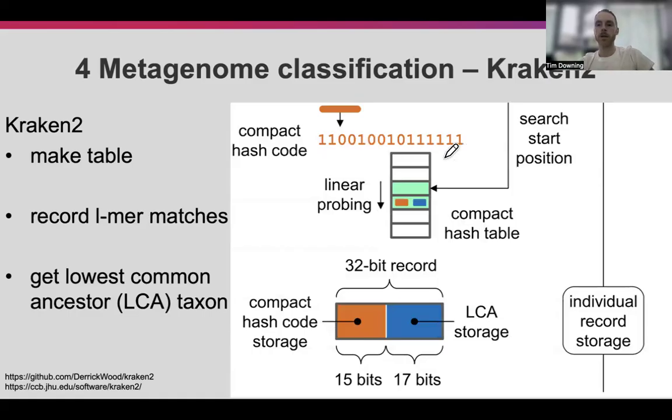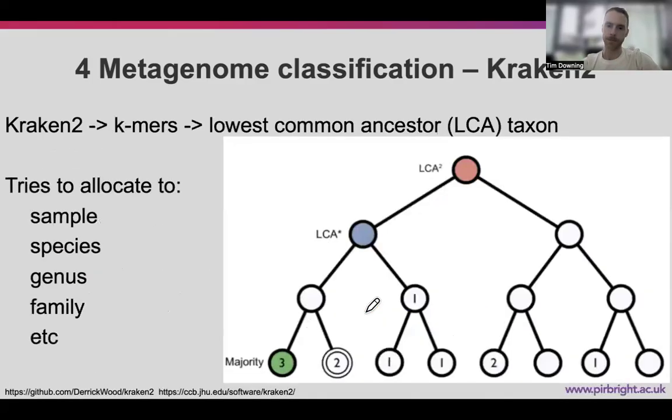So we'll record the matches in a compact hash table and identify the LCA, the lowest common ancestor associated with that match, and link those together. So in our output from Kraken 2, we'll basically have the taxonomic ID at whatever level, species, genus, family, order, and so on that's appropriate for it, and that's directly linked to the minimizers representing the sequence as well.